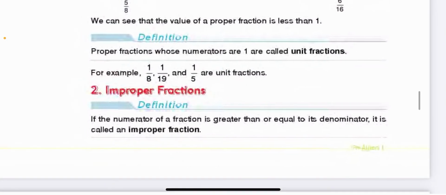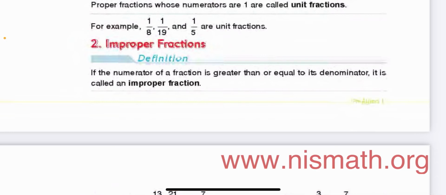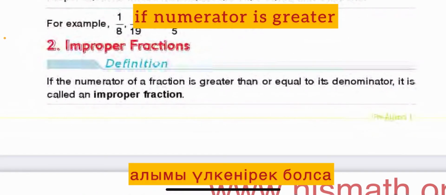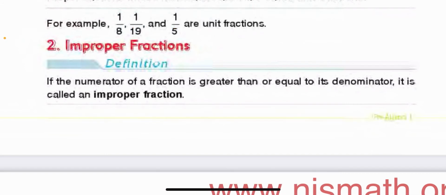The second type of fraction is improper fractions. I'll repeat these words: improper fractions. The definition: if the numerator of a fraction is greater than or equal to its denominator, it is called an improper fraction.